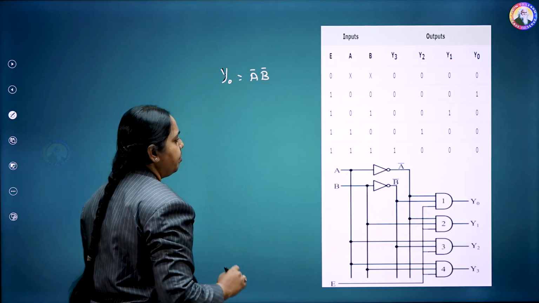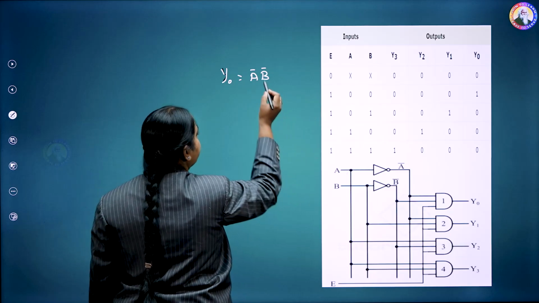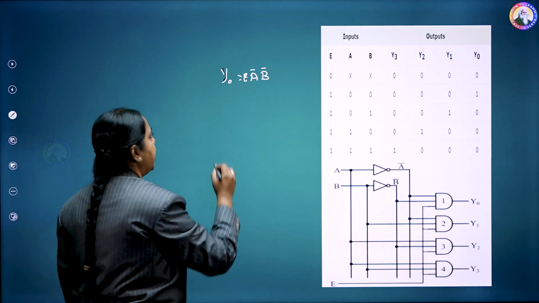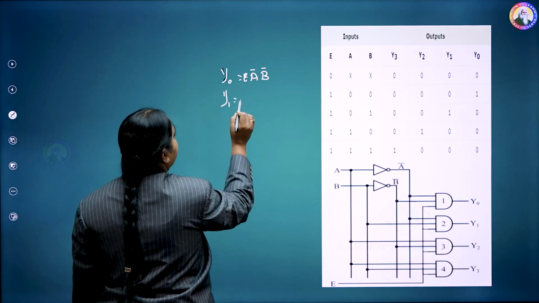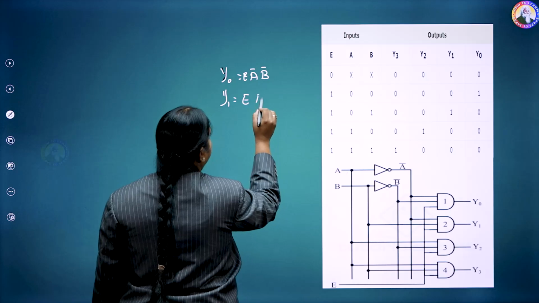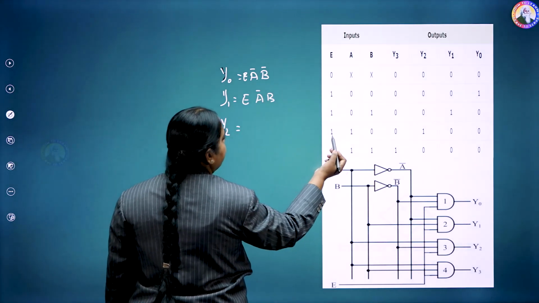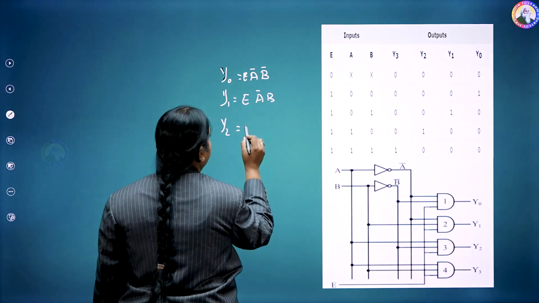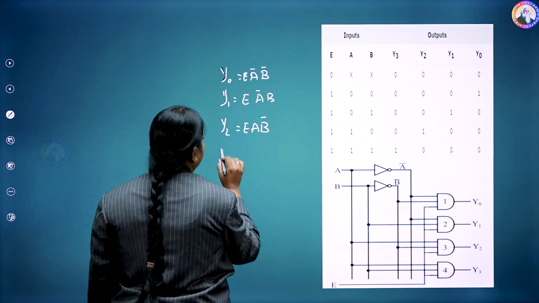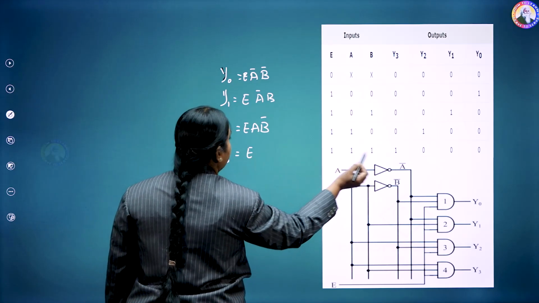One more input is E, because E is equal to 1. So Y0 is equal to E, A bar, B bar. Next, Y1 is equal to E, A bar, B. Next, Y2 means 1, 0, so Y2 is equal to E, A, B bar. Next, Y3 is equal to E, with both inputs ones, so E, A, B.